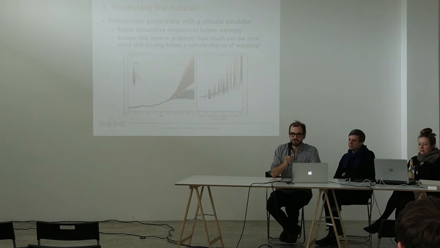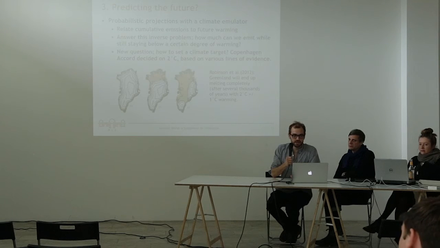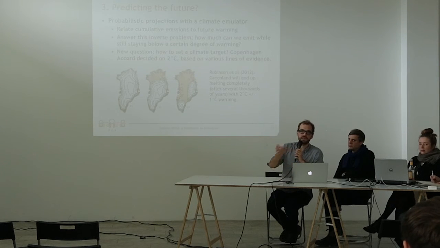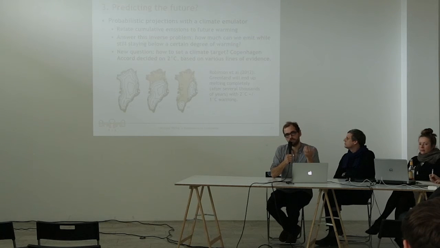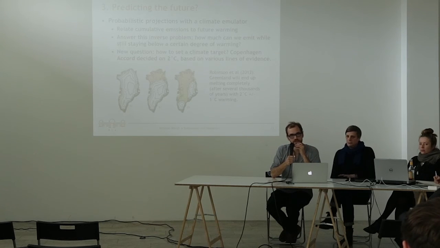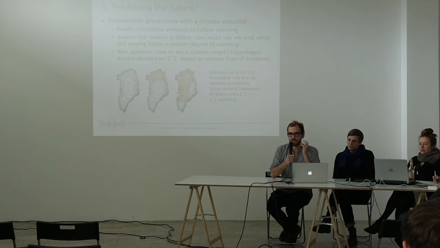Then you still have to decide what climate target you want to reach based on other external things. For example, a study from Ricarda Winkelmann told that Greenland, after more than 2 degrees warming, will eventually melt down. All the lines of evidence convinced and pushed politicians to agree on this 2-degree target in Copenhagen, and also because it's a political step.